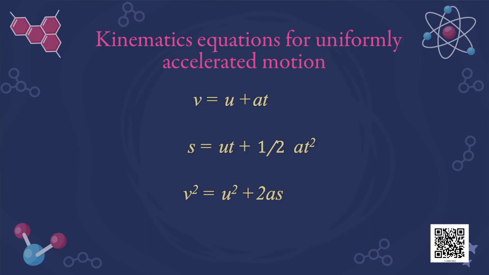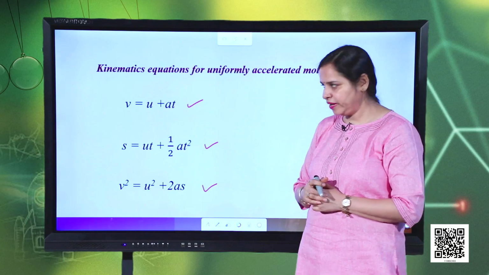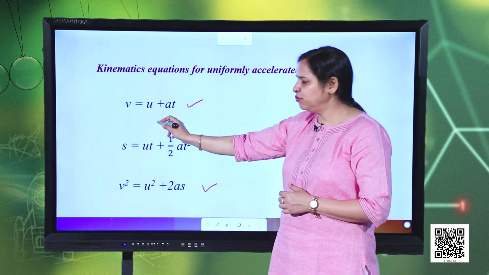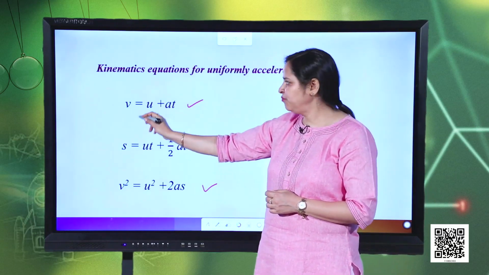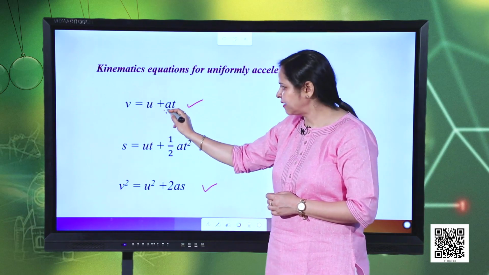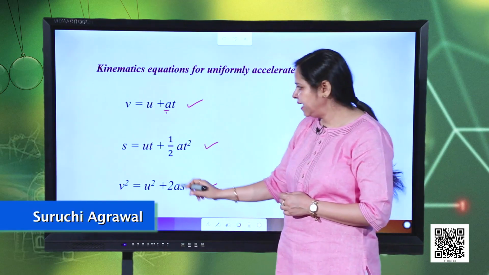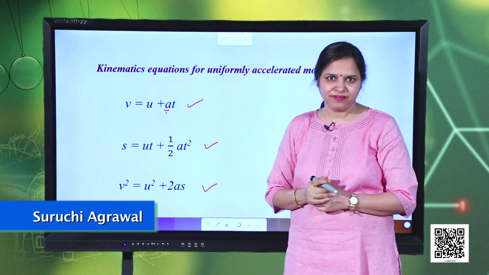So, these are the 3 kinematic equations for uniformly accelerated motion. The first equation is v is equal to u plus at, the second equation is s is equal to ut plus half at square, and the third equation is v square is equal to u square plus 2as, where the symbols are u for the initial velocity, v for the final velocity, a for acceleration, t for time, and s for displacement.